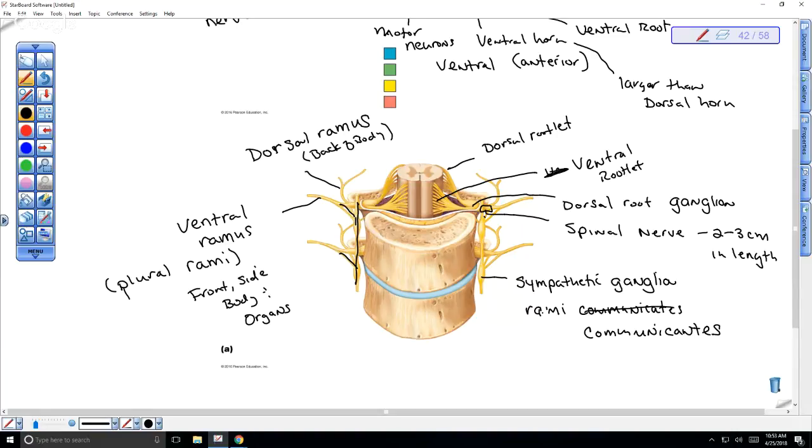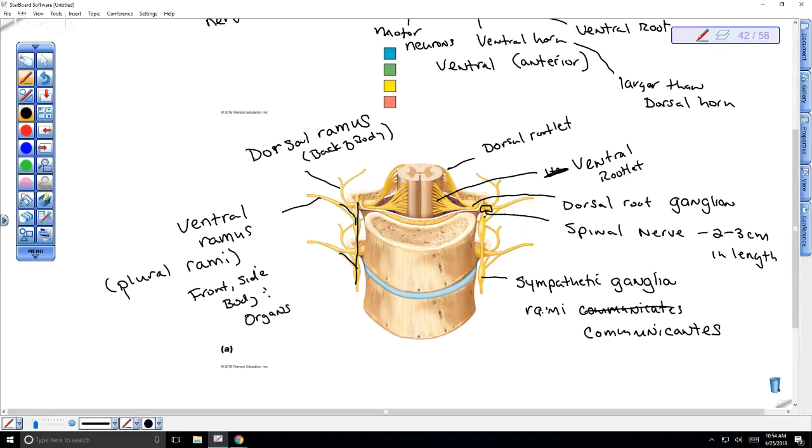So the rami communicants is where the sympathetic nervous system comes out, and it is going to then signal from the ventral. It's going to go to your heart, to your digestive system, to your blood vessels, to your lungs, for example.